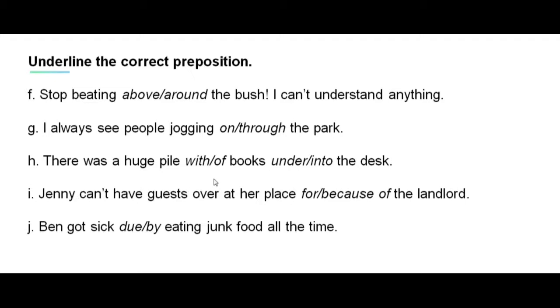H. There was a huge pile of books under into the desk. I. Jenny can't have guests over at her place because of the landlord. J. Ben got sick due by eating junk food all the time.